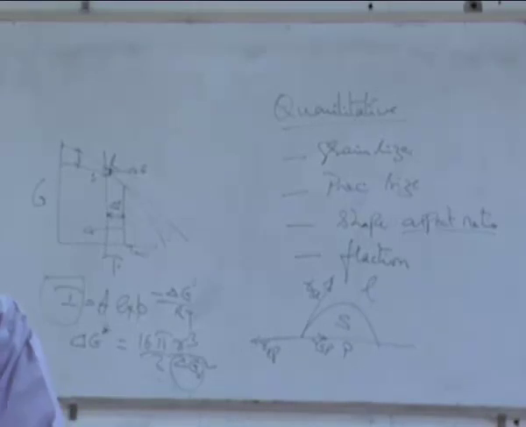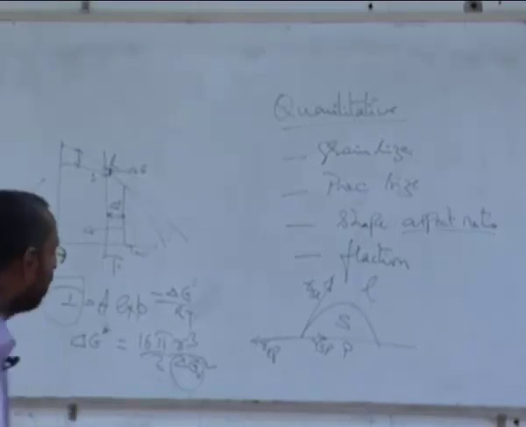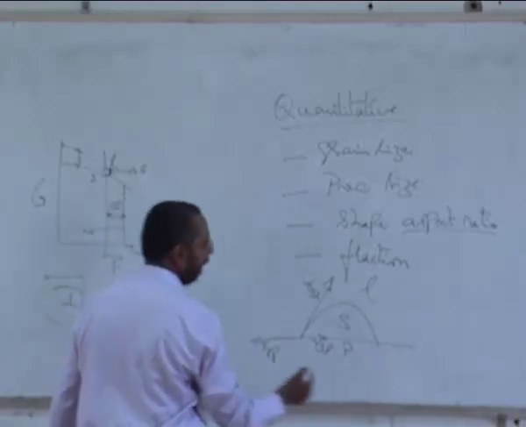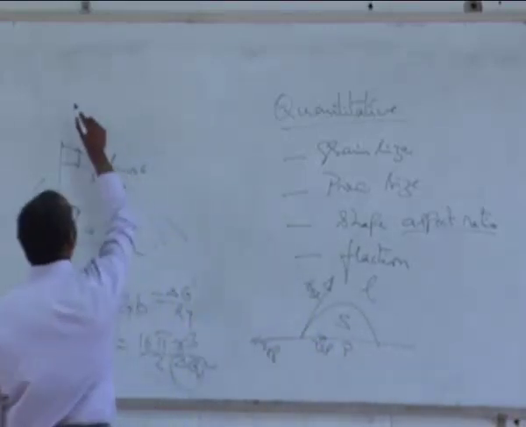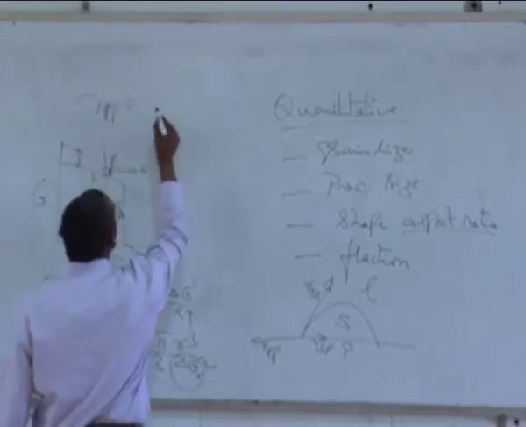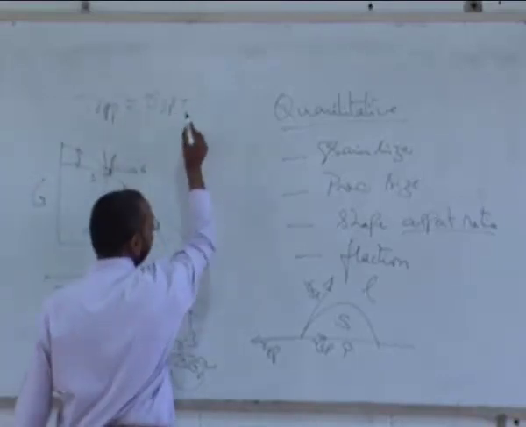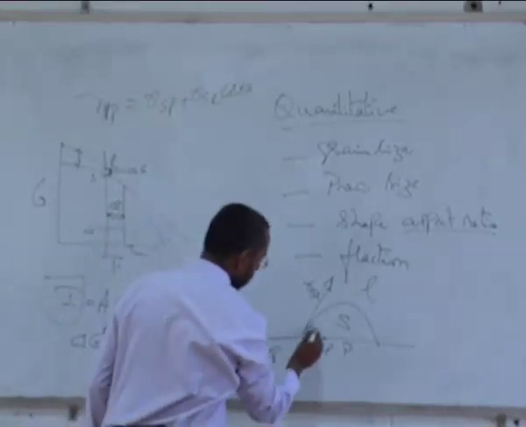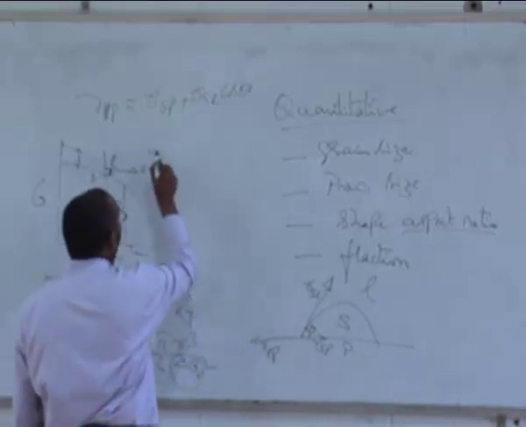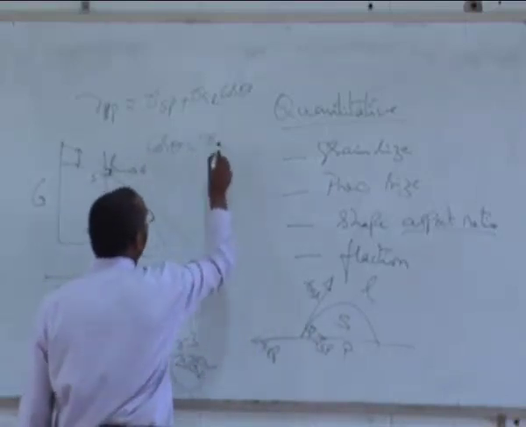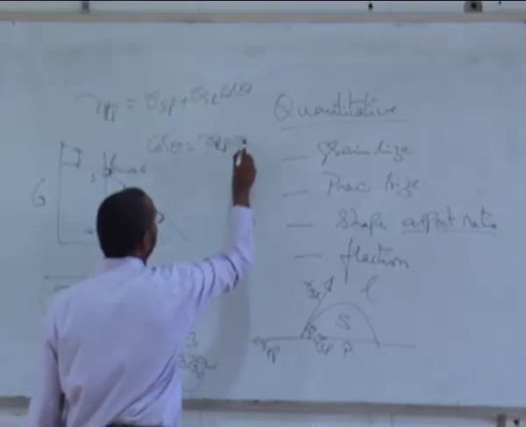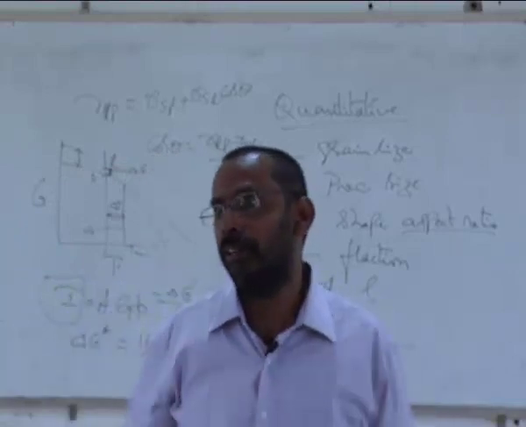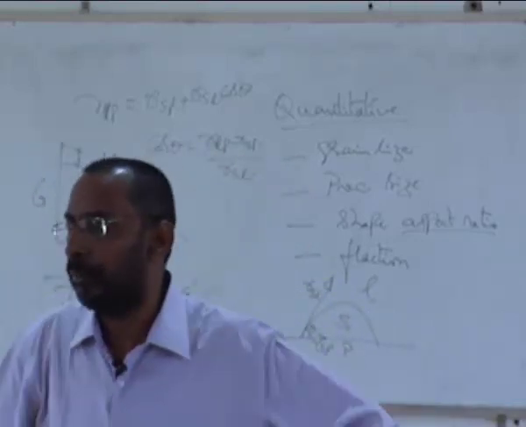So if we do an equilibrium of this, I can write it as gamma LP is equal to gamma SP plus gamma SL cos theta, where this is theta. And so I can write cos theta as gamma LP minus gamma SP by gamma SL. And we say that when theta is very small, it is very good wetting.